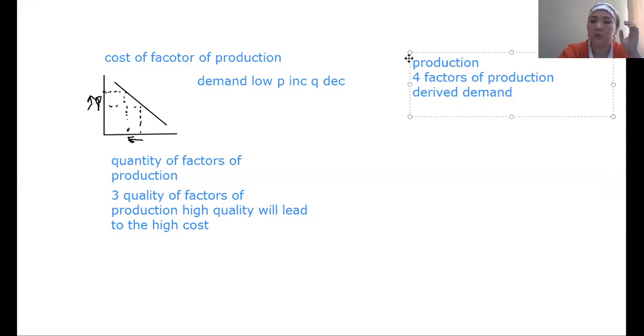Derived demand is the demand for the factors of production. So in order to make something, we need inputs: labor, land, enterprise, and capital. And demand for labor, land, enterprise, and capital is a derived demand, right?